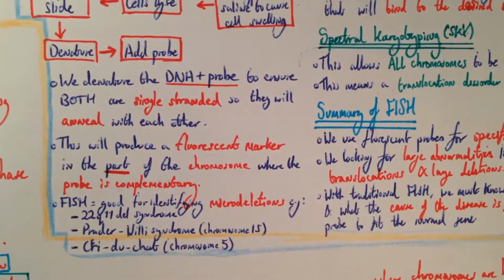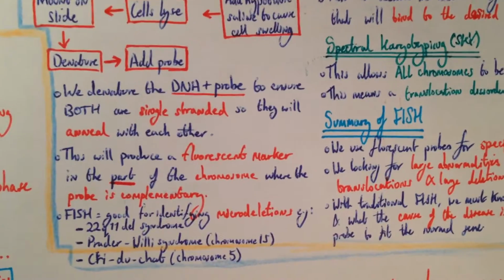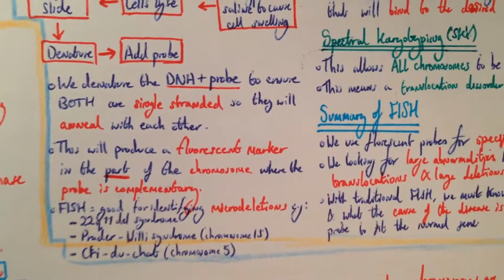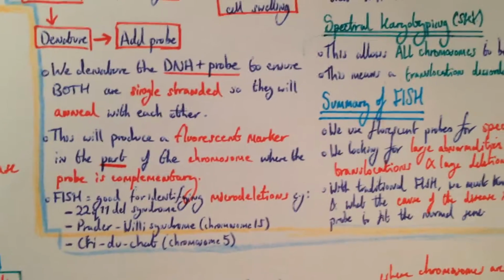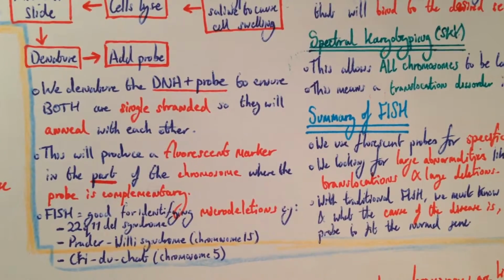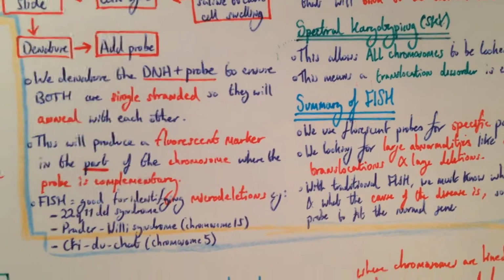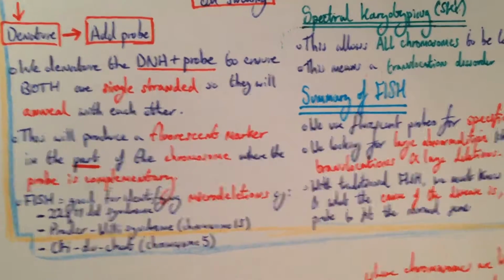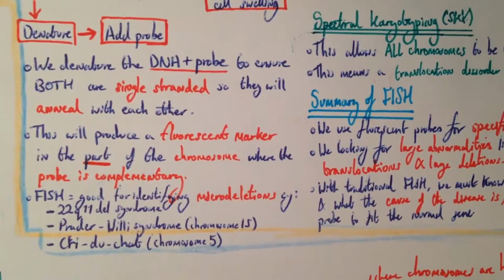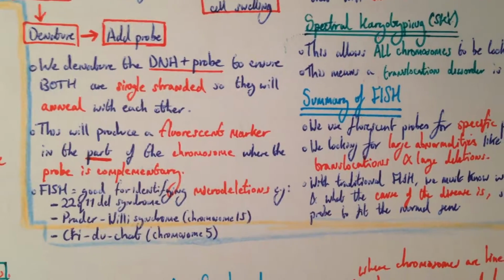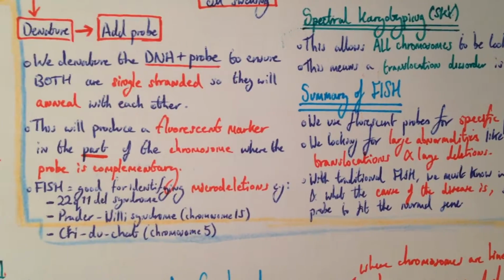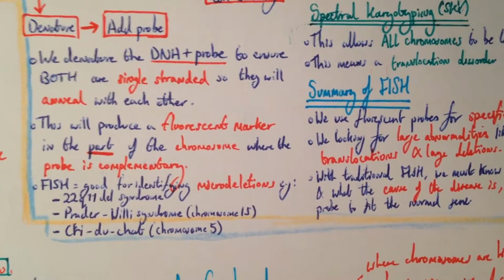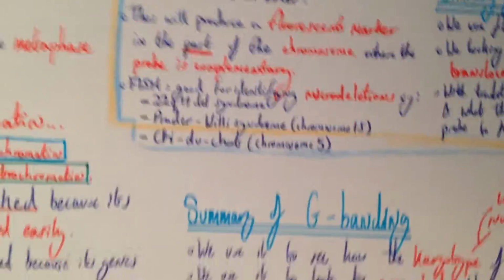We denature the DNA and we denature the probe to ensure both are single-stranded, so they will bind and anneal with each other. This will produce a fluorescent marker in the part of the chromosome where the probe is complementary. So the probe will bind to the part of the chromosome which is complementary, and it will cause it to flash up. So FISH is good for identifying microdeletions, for example 22q11 deletion syndrome, Prader-Willi syndrome on chromosome 15, and Cri-du-chat on chromosome 5.